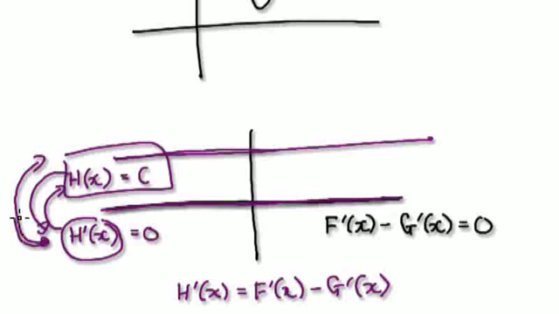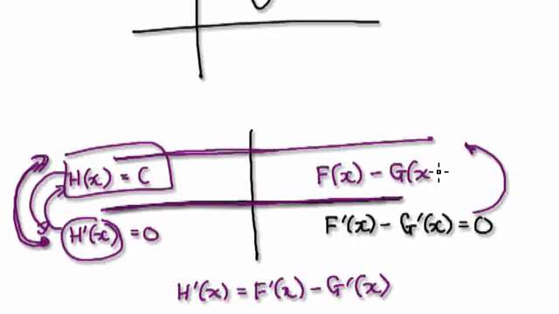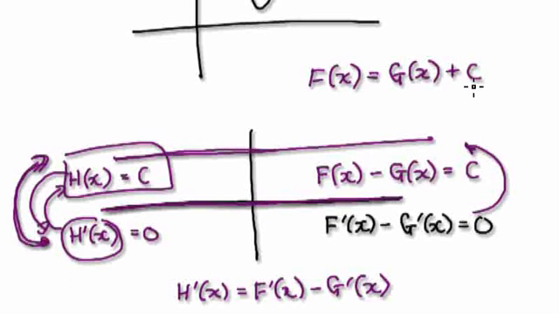So from here you can jump up to here and say that f, the original function, take away the original function g, must be a constant. Add g of x to both sides, and f of x equals g of x plus a constant.